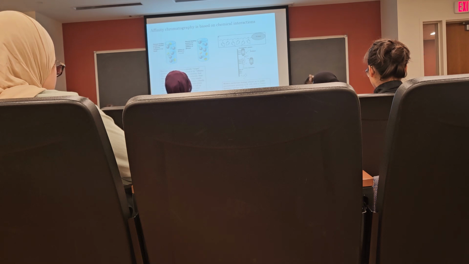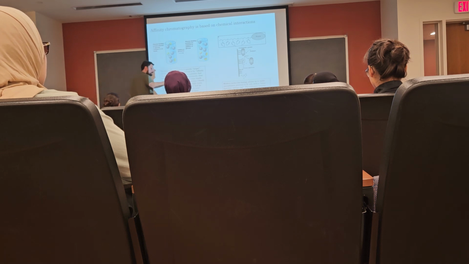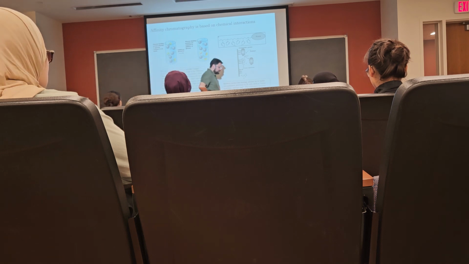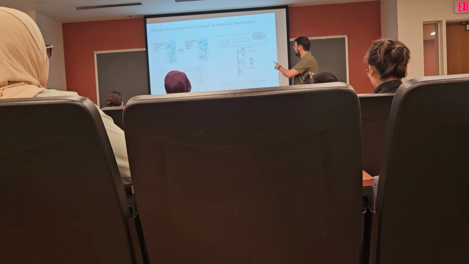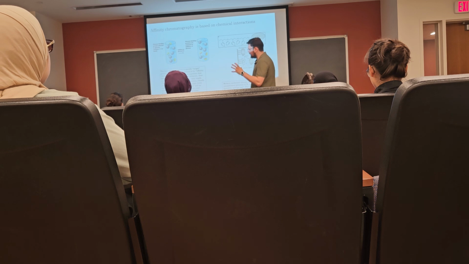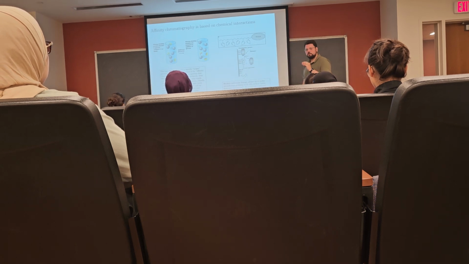We can take fraction 6 from ion exchange and run it through an affinity column. Let's say that the protein that we are studying, we know binds glucose, okay? Well, what if now we devise a system where we have in our chromatography column the resin covalently bound to the substrate?